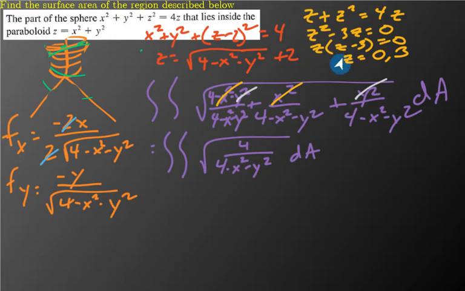And so this is nice because z is equal to 0 or 3, which means that x squared plus y squared is equal to 0 or 3, right? And so that means that the radius, because this is r squared, r squared is equal to 0 or 3.